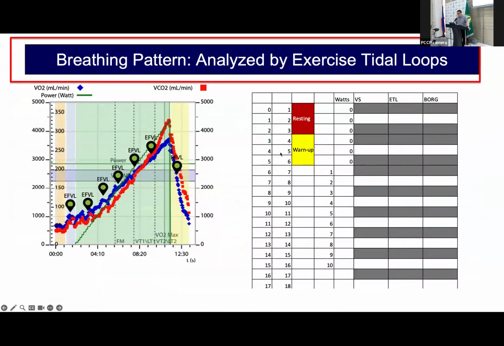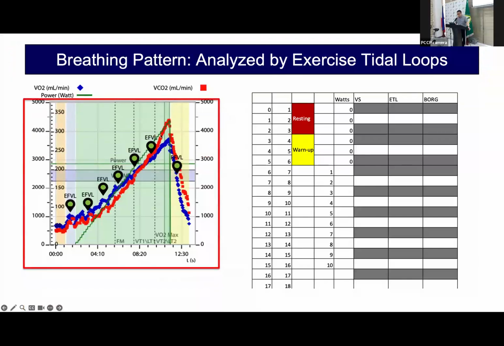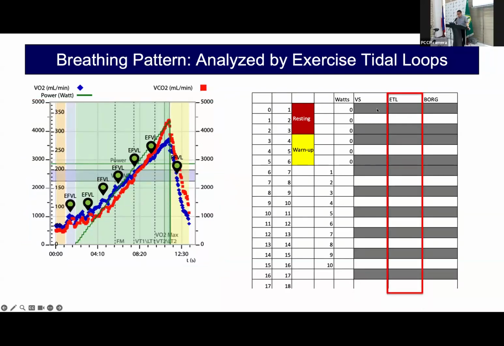So we can analyze the breathing pattern of the patient by the exercise tidal loops. At different stages, we do this exercise forced vital capacity, wherein we measure the exercise tidal loop. That's the purpose of this one. We do it during resting, warm up, and more frequently during the exercise proper.